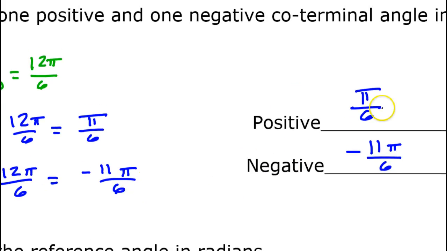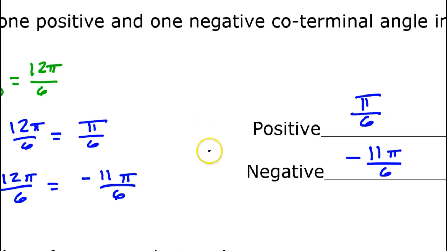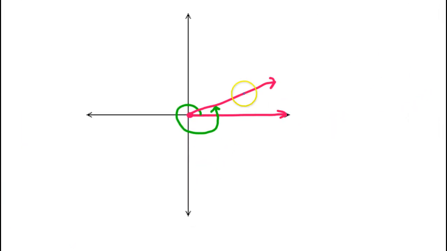Now, the reference angle is going to be this pi over 6. The reference angle is always the angle between the terminal side and the x-axis. The reference angle is always positive. So when I found that positive coterminal angle of pi over 6, that goes directly from 0 to pi over 6.